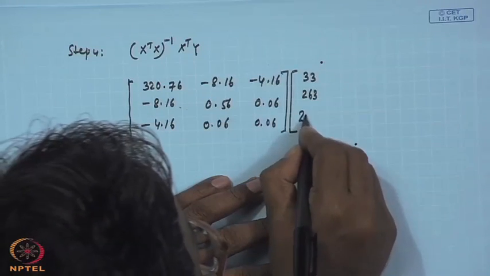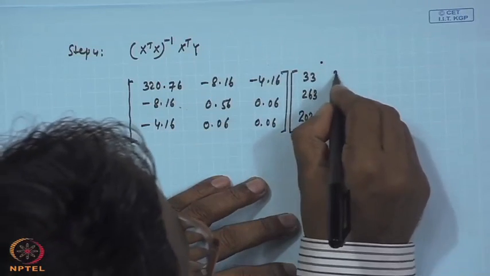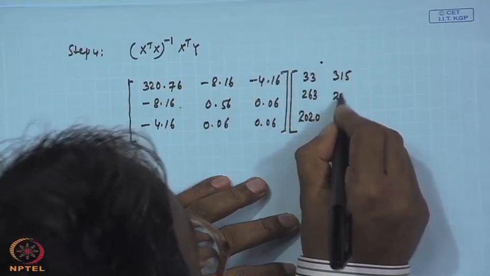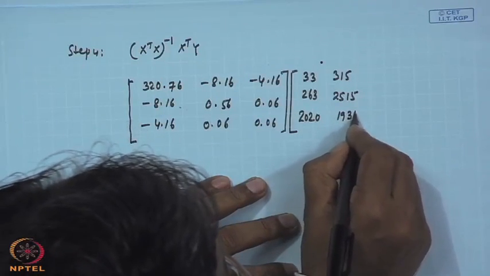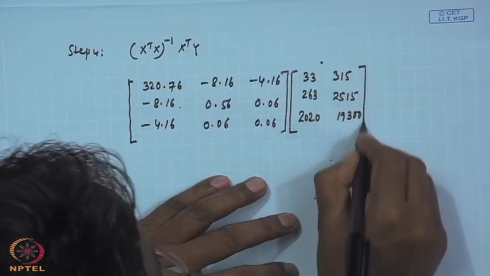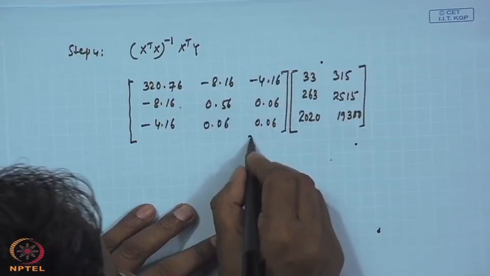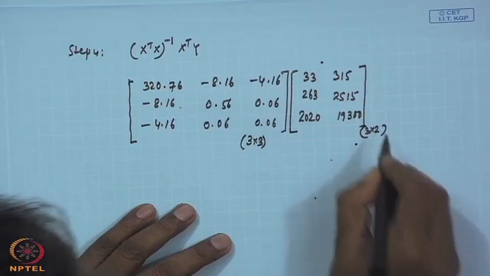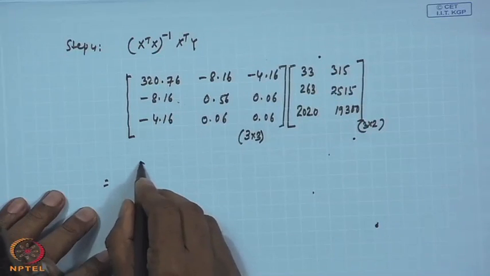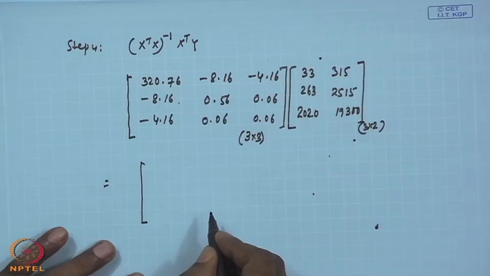263, 2020, 315, 2515, 19,300. This is the resultant, 3 cross 3 times 3 cross 2, we will be getting a 3 cross 2 matrix.